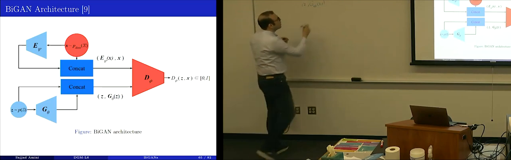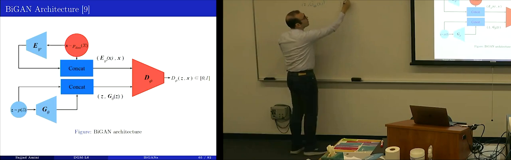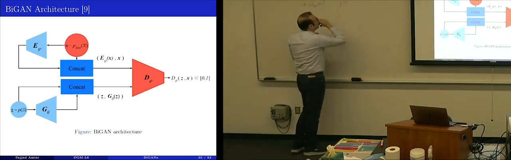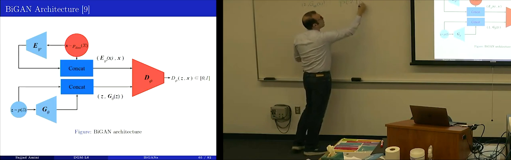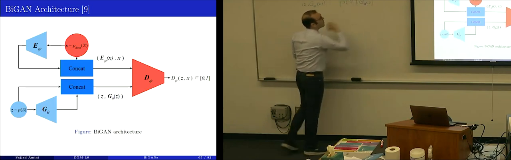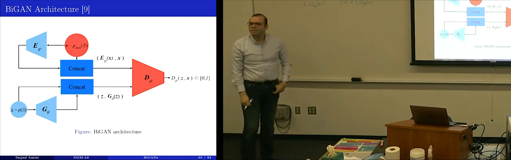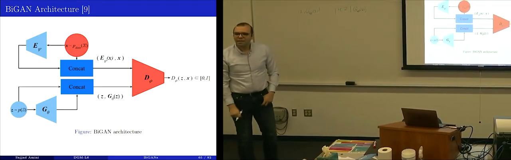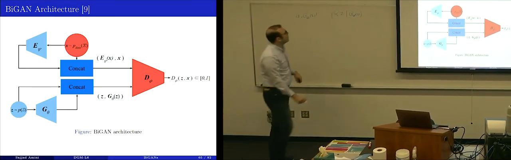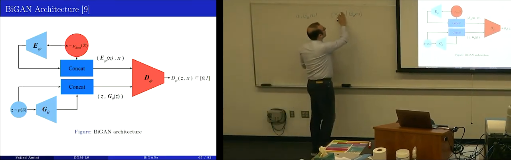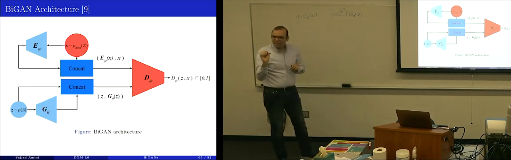Z is a random variable. This is Z0, one realization.